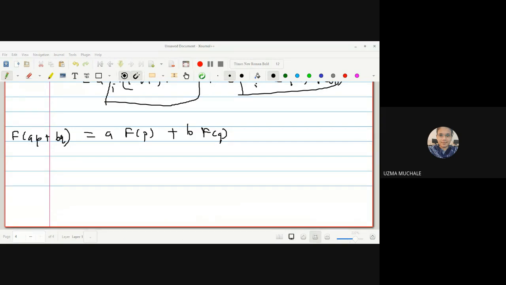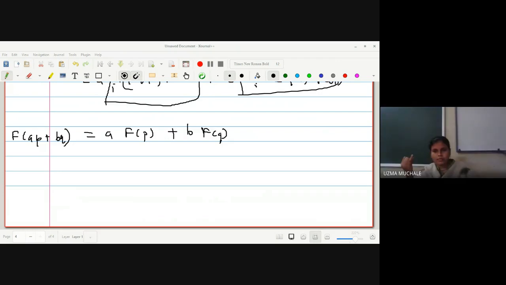Yes, everyone understood what we have done in the first step? We have proved that F is a norm preserver. With the help of taking the second point as 0, in place of Fp comma Fq, q is nothing but your 0, which proves the first step. Using the first step, we have proved that F preserves the dot product in step 2, and then we went for our theorem.